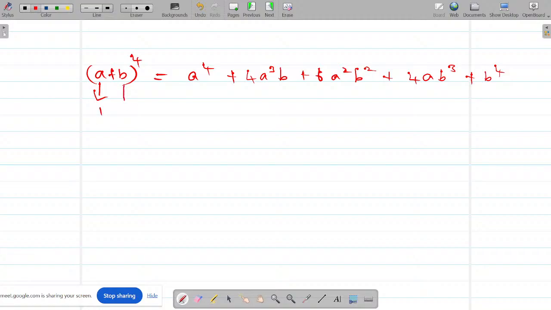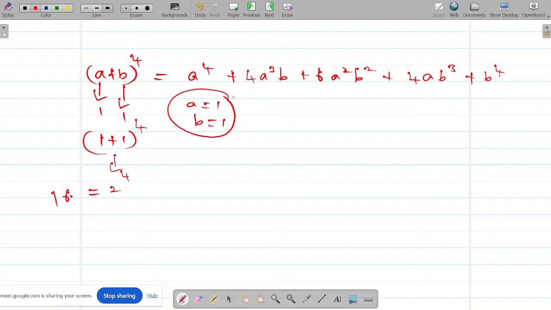Let me take a as 1 and b as 1. (1 plus 1) power 4, which is 2 power 4. What is 2 power 4? 2 2s are 4, 4 2s are 8, 8 2s are 16. Substitute a equals 1 and b equals 1 here, we'll get 16.